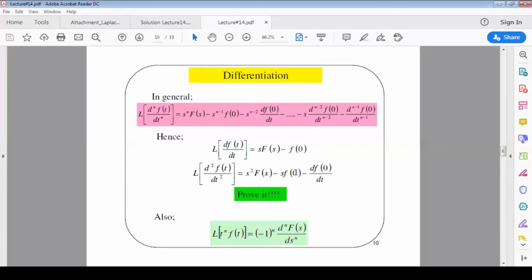I hope it's clear. This is the value of f(t) when t equals 0, and this is the value of df(t) over dt when t equals 0.